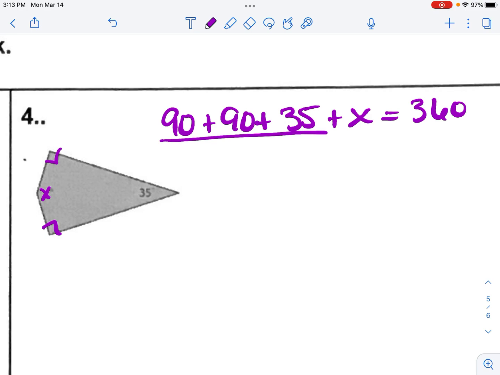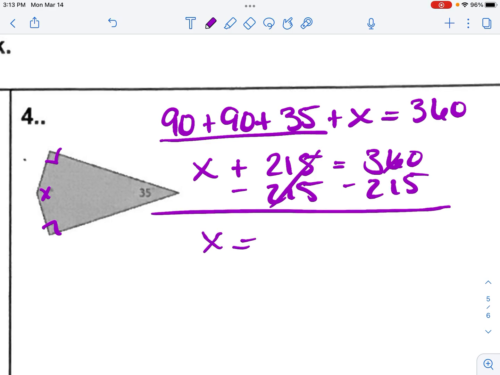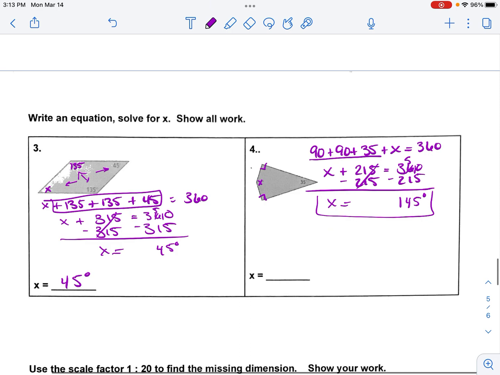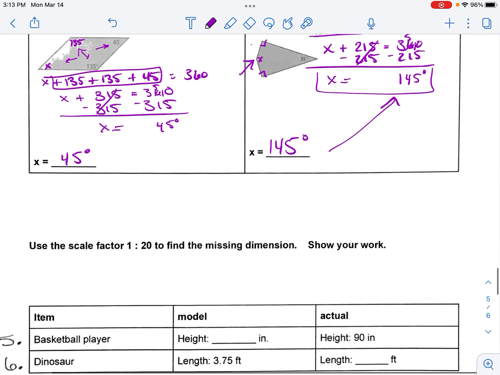Combine those like terms, so we'll get x plus 215 equals 360, and do the inverse to solve for x. Okay, you can always go back and check and put this number in for x, add all 4 sides, and make sure you get 360.